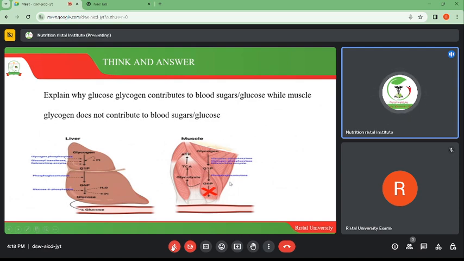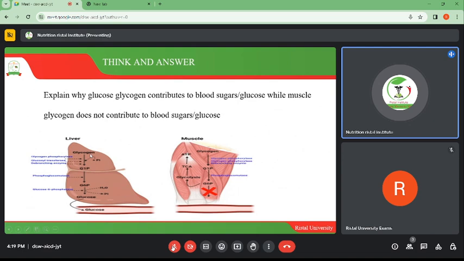So let's get into this understanding on the diagram. On my right hand here is the muscles. The glycogen is broken down to glucose 1 phosphate and then converted to glucose 6 phosphate, which is channeled into glycolysis, and then the Krebs cycle, and then forms ATP.